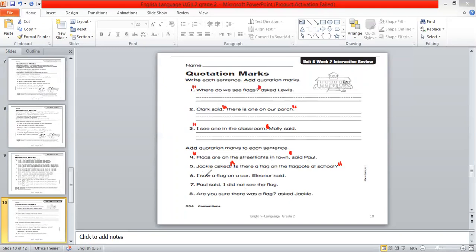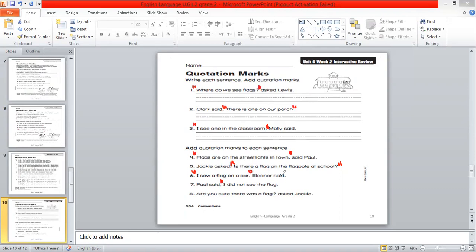Now, number six, I saw a flag on a car, Eleanor said. So I'm going to write here at the beginning and also before the word said. Okay, the next one. Paul said, I did not see the flag. So I'm going to write it here.